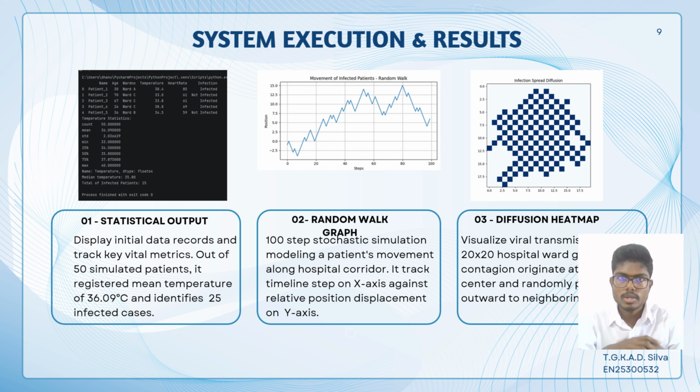This simulates how a virus spreads outward from a single point, our patient 0 at the absolute center, across the 20 by 20 ward layout. It helps visually predict how a virus might expand.